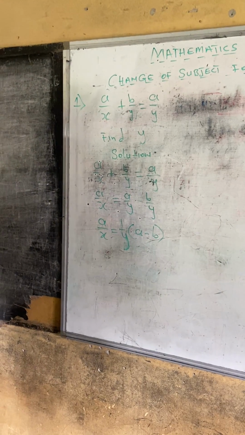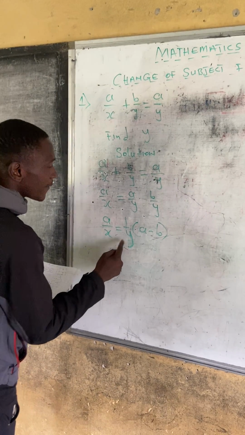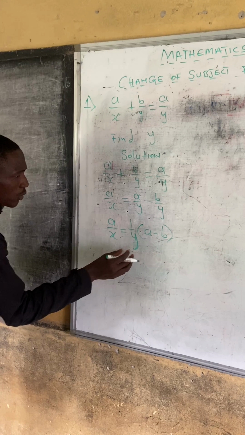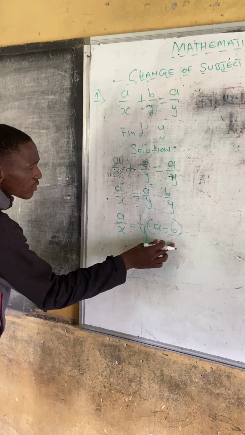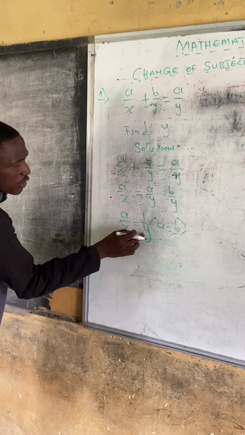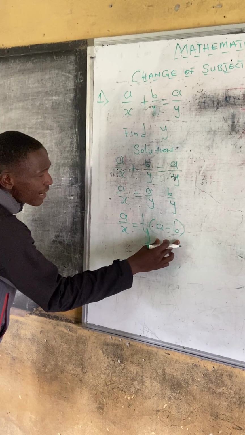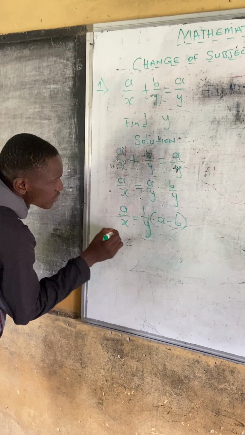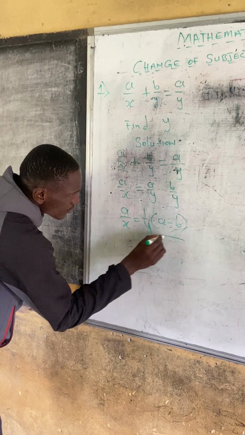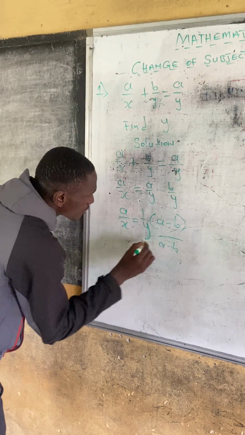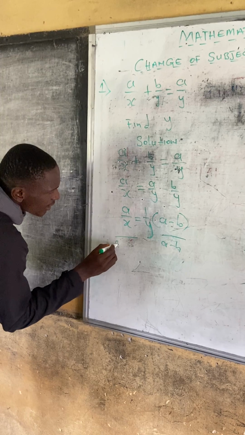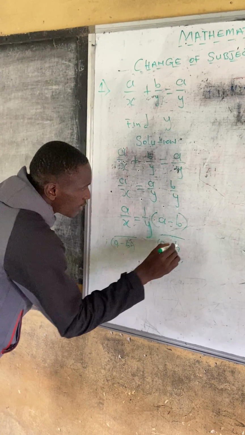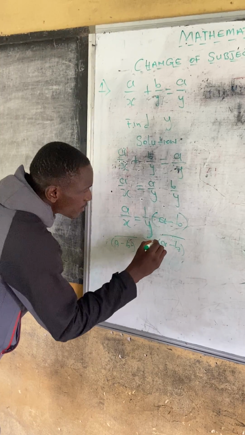So at this point, we have 1 all over y. Now, what do we do? We are going to divide both sides, because what you are looking at is y. So we divide both sides by a minus b. So we say a minus b over a minus b, and this will cancel this.